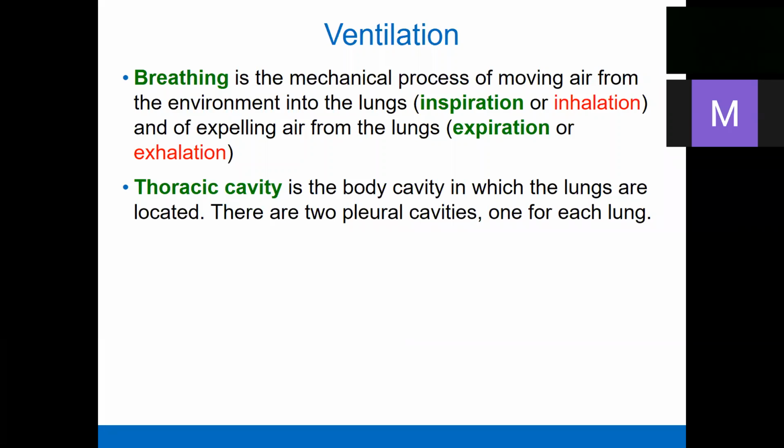The thoracic cavity is the body cavity in which the lungs are located, and there are two pleural cavities, which I told you about in the last lectures. One for each lung.